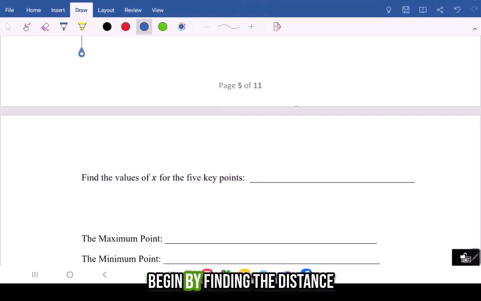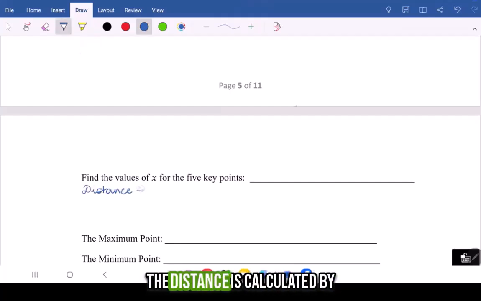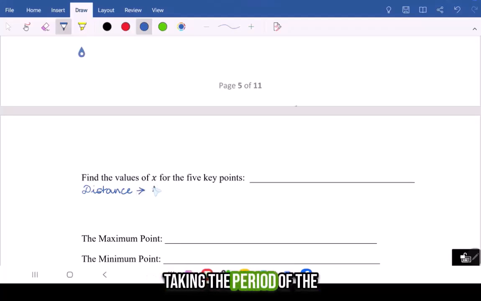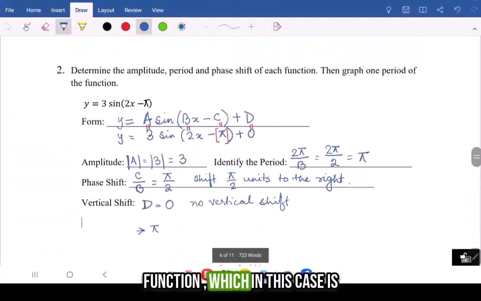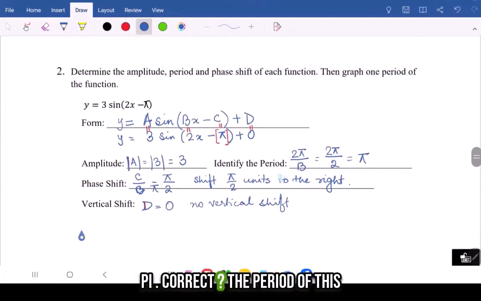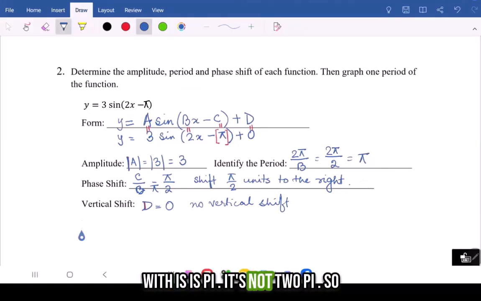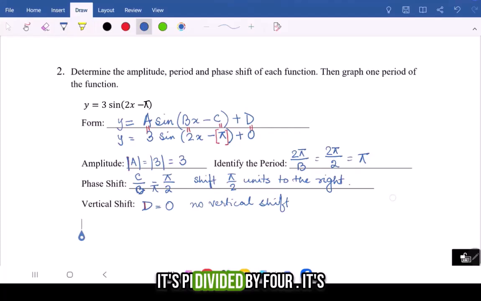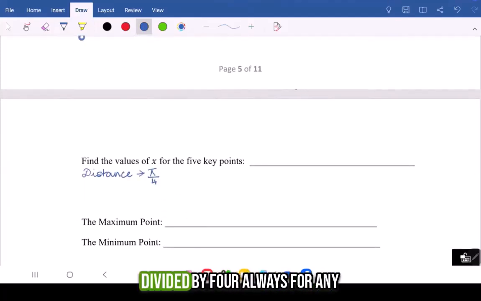We begin by finding the distance that will be placed between each of those 5 key points. The distance is calculated by taking the period of the function, which in this case is pi, correct? The period of this function that we are working with is pi. It's not 2 pi, so it's pi divided by 4. It's divided by 4 always for any function, all right? So pi over 4 is the distance that we are going to place between each of these points.